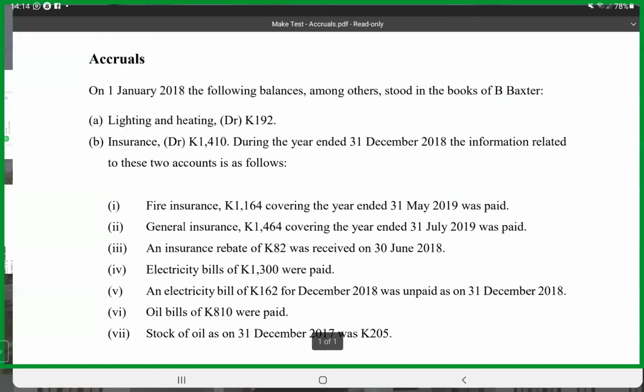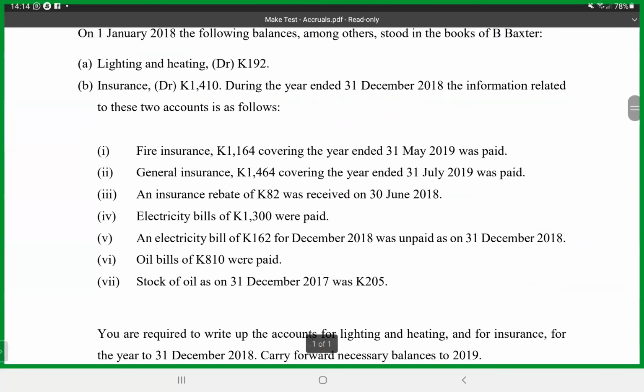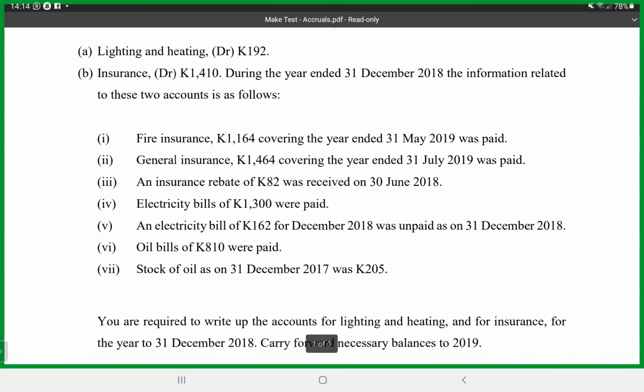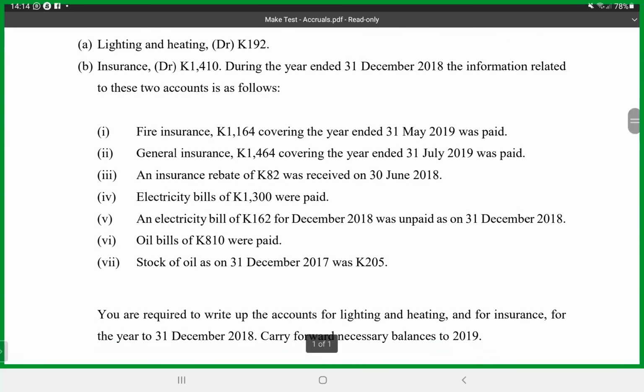So let's start reading now. We are told that during the year that ended 31st December 2018, the following information related to these two accounts. There was the fire insurance of 1164 covering the year that ended 31st May.